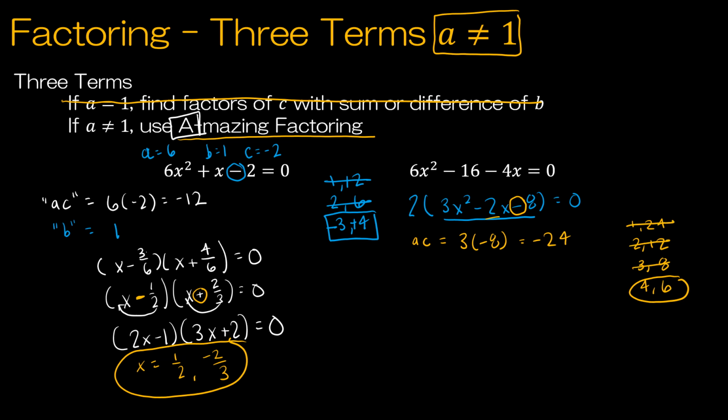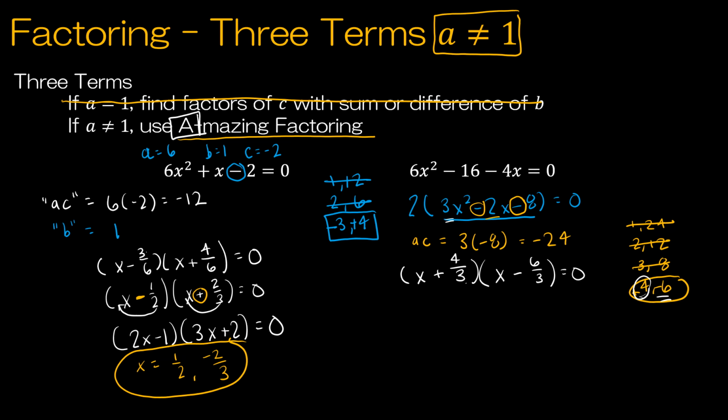I need it to be a difference of negative 2, so I'm going to give the 4 a positive and the 6 a negative. And now I'm simply going to write it as x plus 4, but it's going to be plus 4 over a. A is 3. And then x minus 6, so that's minus 6 over 3.